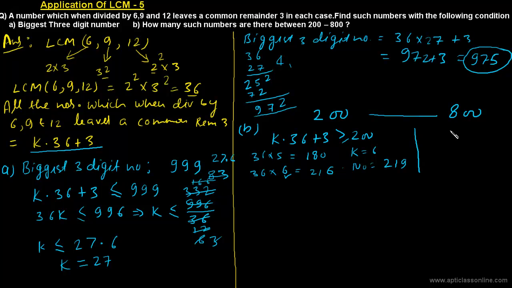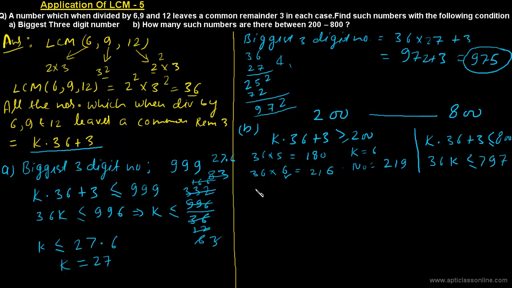it comes out to be closer to 800 but not more than 800. So basically for the last value of k, this has to be less than or equal to 800. So 36k less than or equal to 797. So what can be the value of k for this?